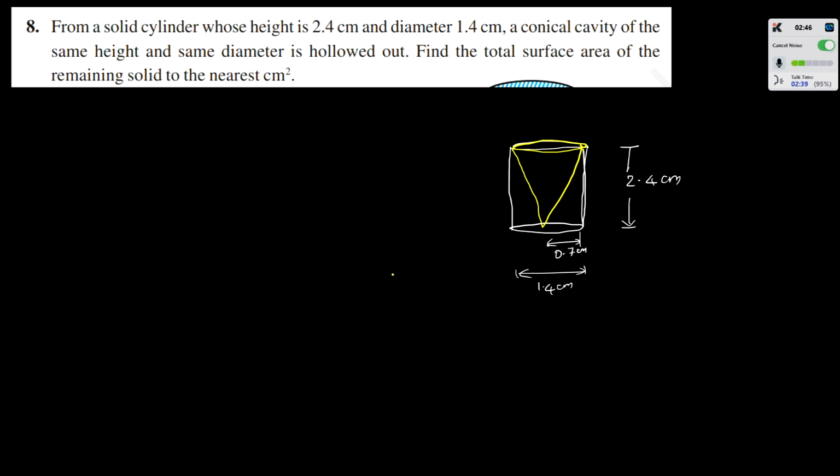We can touch this base part, we can touch this curved surface area, and since this part is being cut away, we can completely touch this part with our hand.